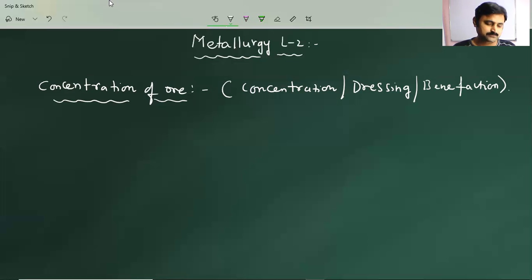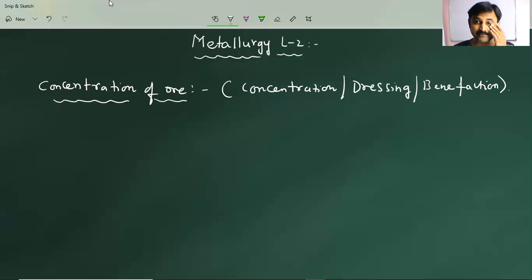The selection of these steps depends upon the differences in the physical properties of the compound of the metal present and that of the gangue present.